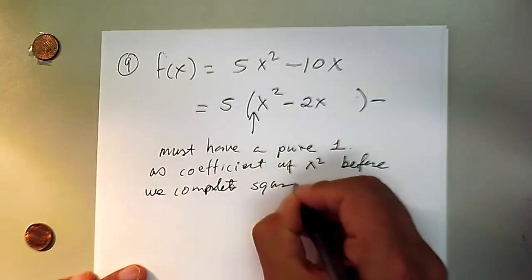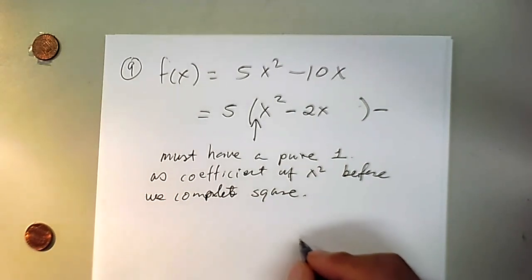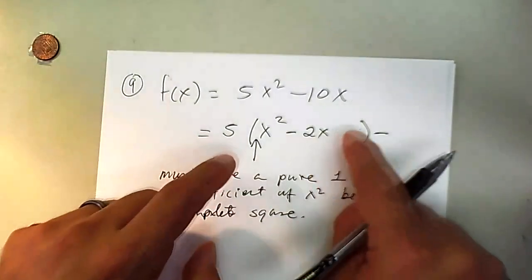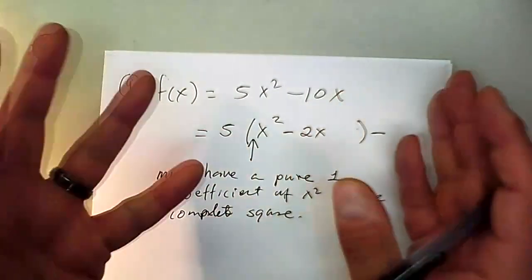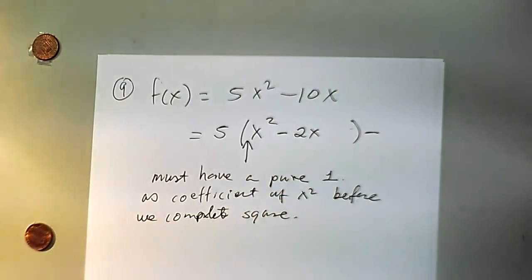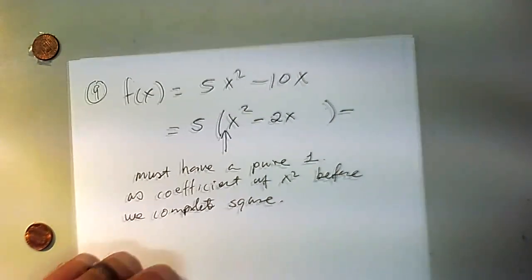We have to have it. If we don't, then whatever we complete here is not going to work. Things are not going to factor out well.